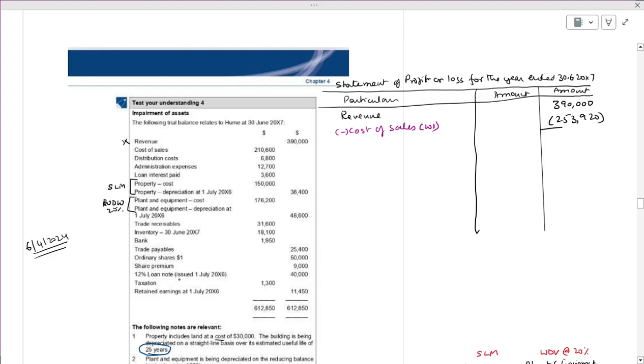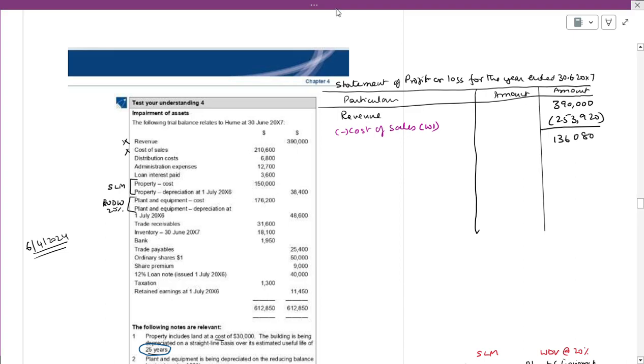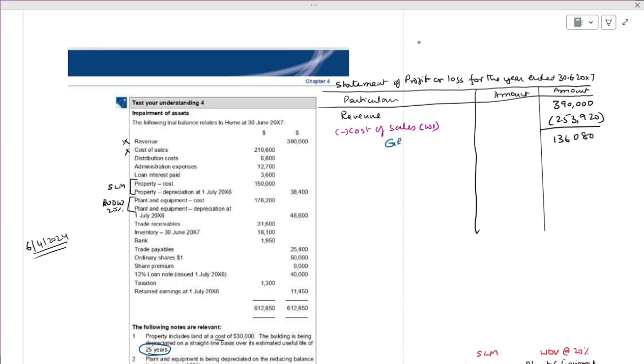What is the difference you will get? $136,080. This is called gross profit.